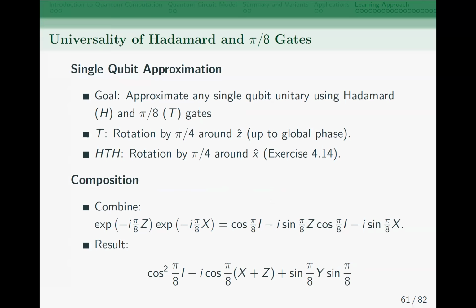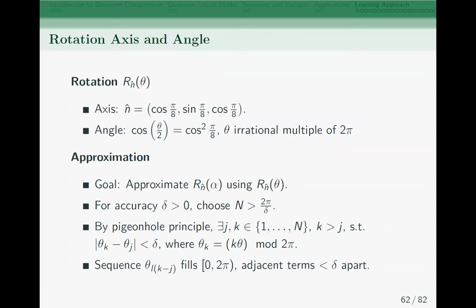It's going to be minus i times X, i times Z, and then you calculate this. And you will see this becomes a matrix, which is weird, but it has a rotation angle where cosine theta divided by 2 equals cosine squared pi over 8.